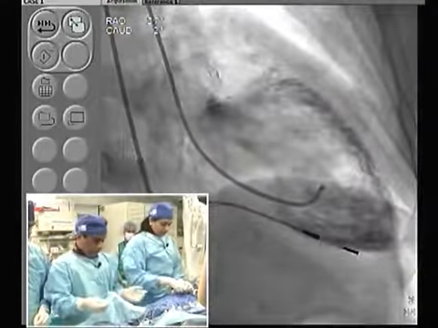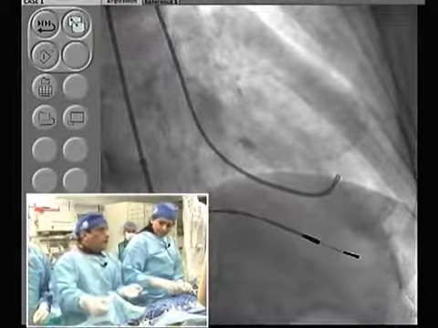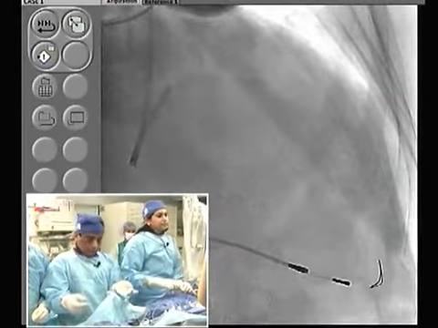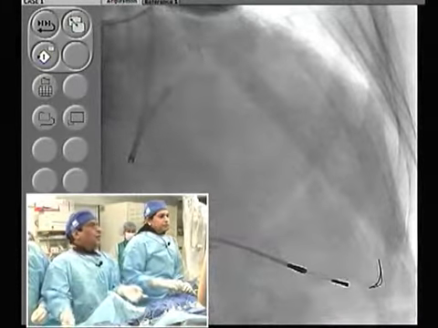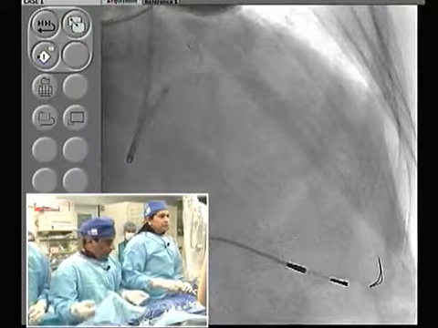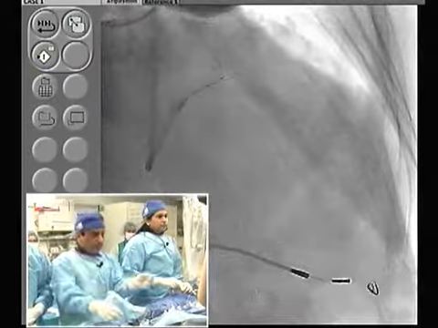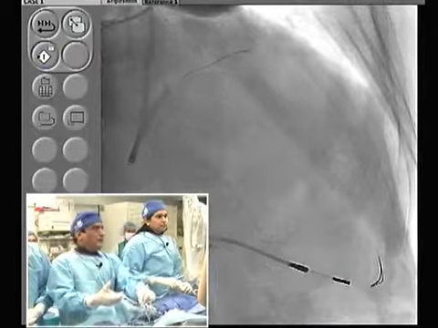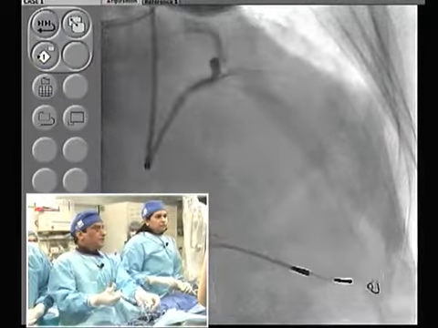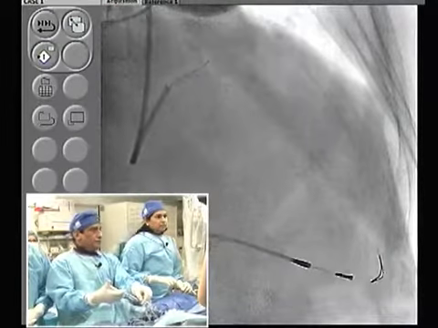Right. Samin, what about the use of FFR in this case? Well, we are using more and more FFR nowadays. But in this kind of case, because of these multiple lesions, there is no question in my mind that FFR will be positive.